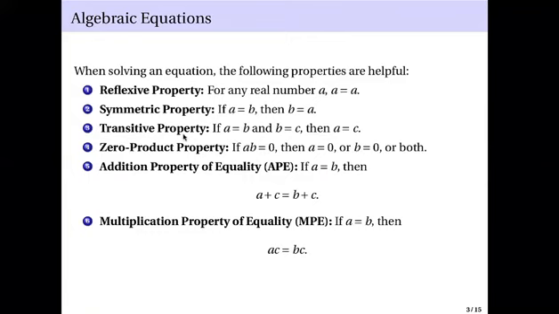So maybe we can say Alice is a sibling of Bob, and Bob is a sibling of Charlie. Then Alice is also a sibling of Charlie. So they are related by brothers or sisters. So that's the transitive property.